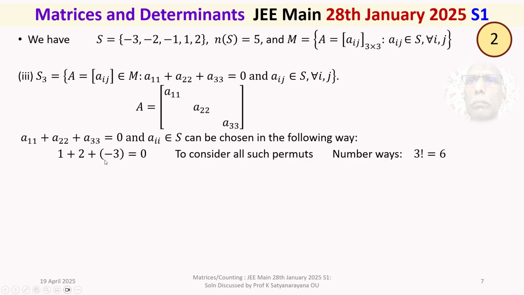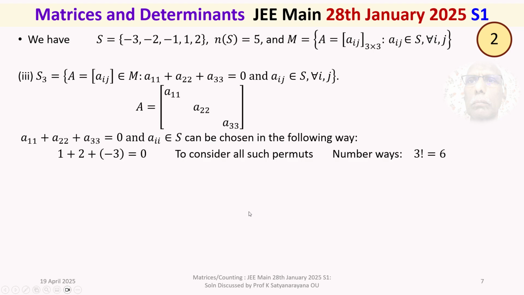You can think of 1, 2, minus 3; 1, minus 3, 2; 2, 1, minus 3; 2, minus 3, 1, and so on and so forth. To consider all such permutations, 3 distinct elements are there, so the number of permutations is 3 factorial, that is equal to 6.